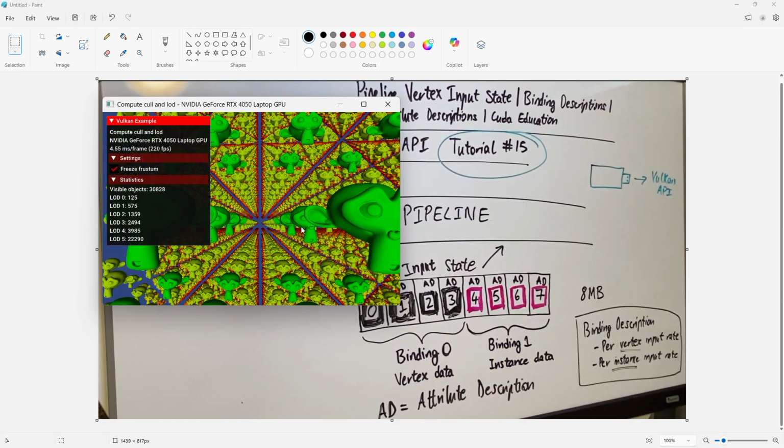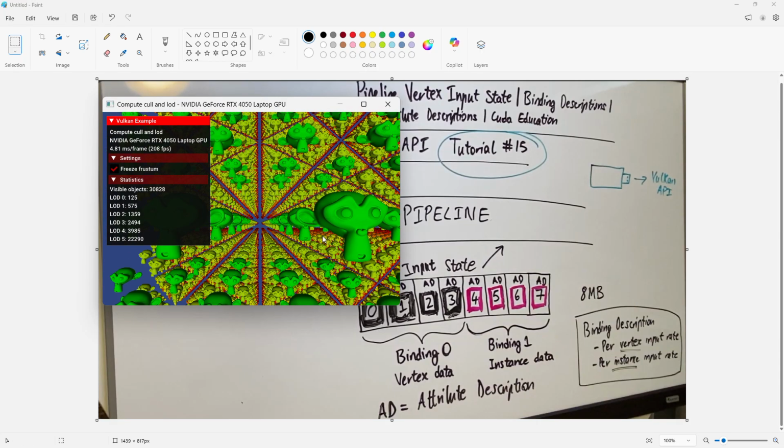And we did that in a previous video where we messed around with how the data was consumed, and when we changed this from per instance to per vertex, we got a bunch of garbage rendering, because it was basically trying to do an instance per vertex. It was just a mess, right? And that's pretty much the battle that we're tackling.